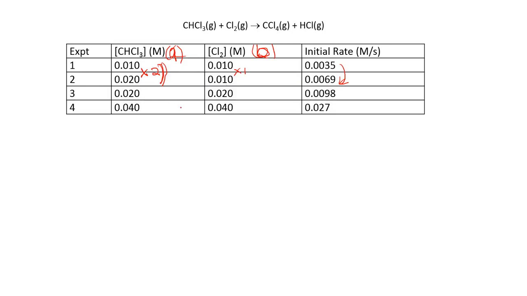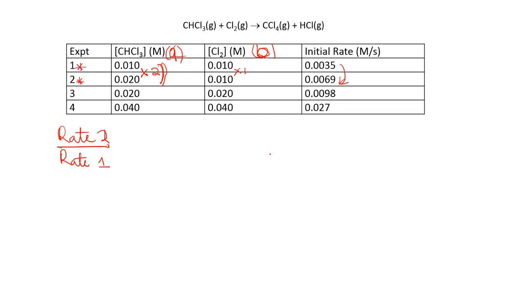So what do we do? What we do is we say rate of reaction 2, which is this one, divided by rate of reaction 1, which is this one.